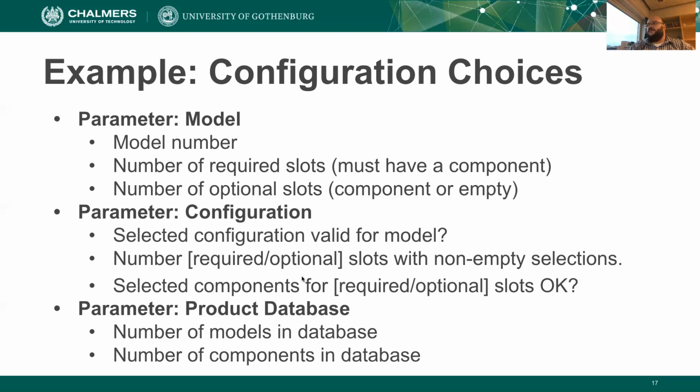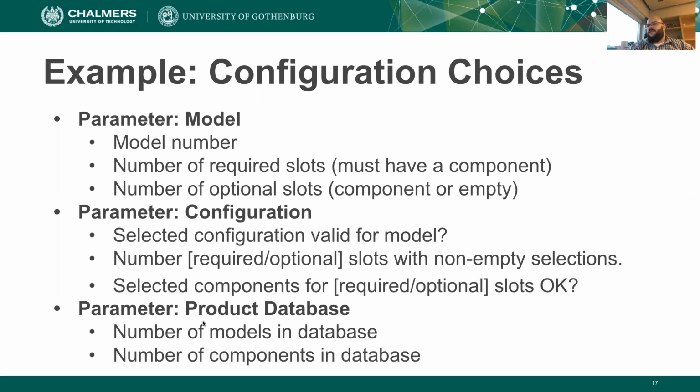We can choose the number of slots for the configuration that are required and the number that are optional with non-empty selections. Right, so how many of these are filled? How many of these have nothing in them? And then for each of the components we select for each of the required and each of the optional slots, are they valid selections? Valid for the model and valid with each other or not?